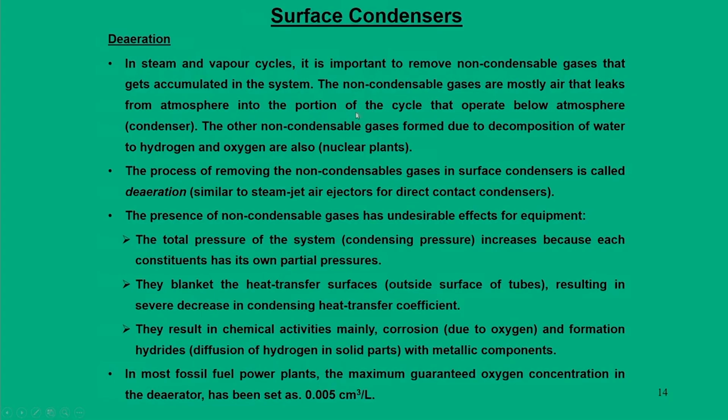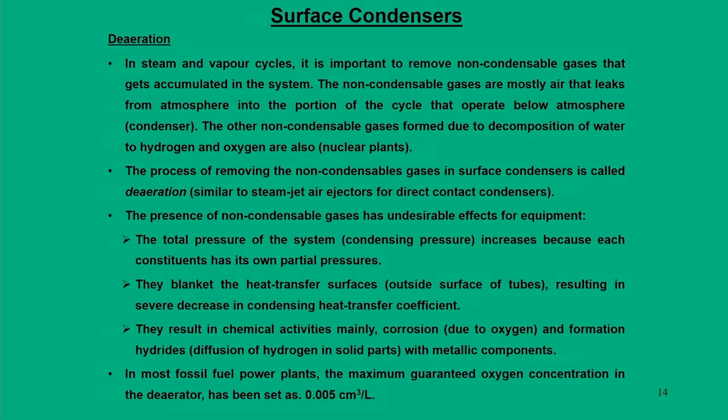And what are they? These non-condensable gases are mostly air that leaks from the atmosphere at various portions of the cycle, number 1. Number 2, there could be decomposition of water into hydrogen and oxygen, which is predominant in nuclear power plants.